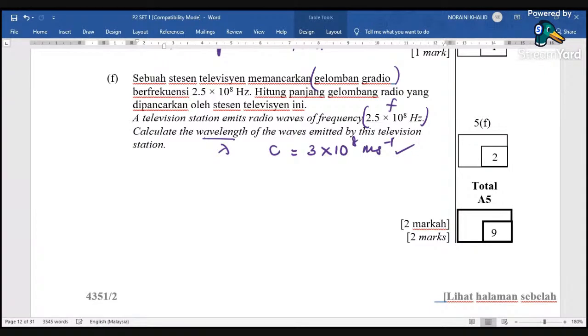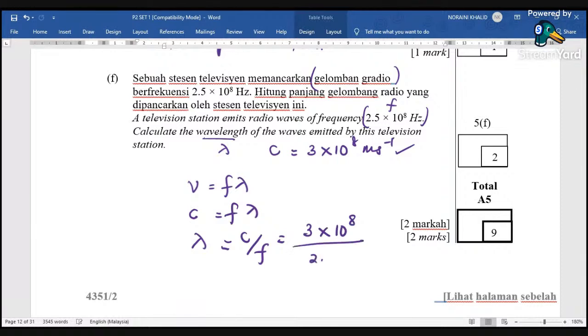So now we want to calculate using the formula v equals f lambda. This is from chapter 5.4 with v equals c. c equals f lambda. So lambda equals c over f. So 3 times 10 to the power 8 divided by 2.5 times 10 to the 8. Thus we get the answer equals 1.2 meter.